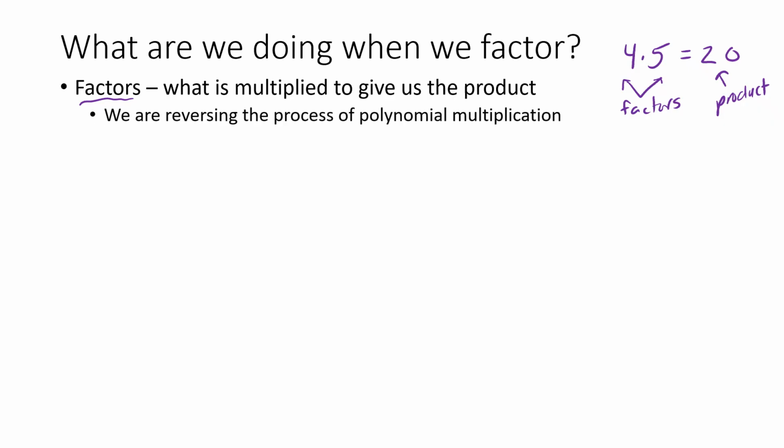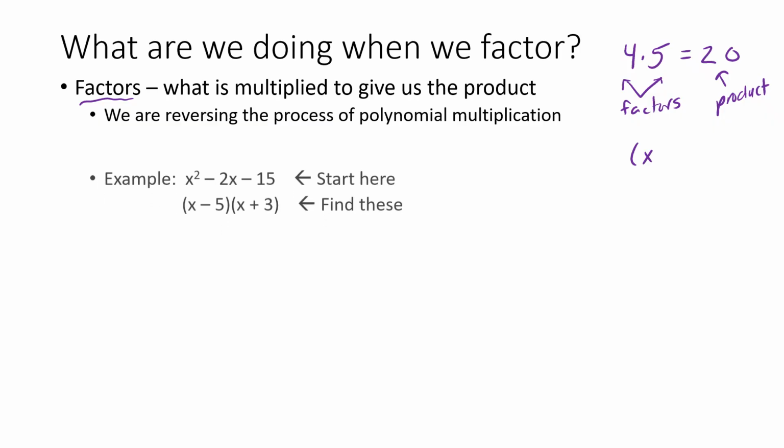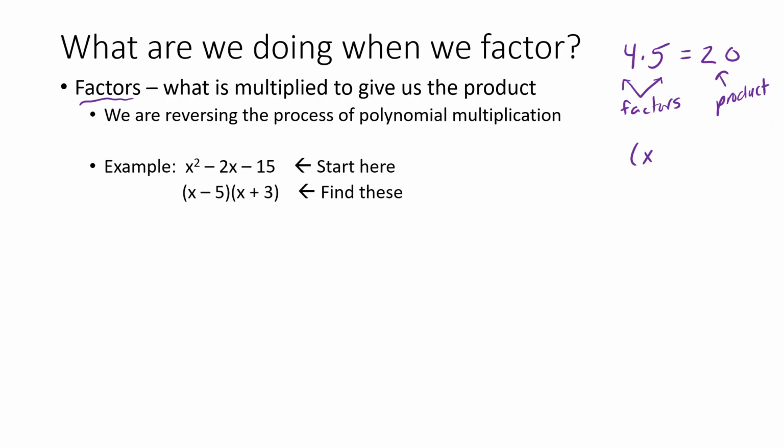Now, we are reversing the process of polynomial multiplication. In polynomial multiplication, you start with something like this: x minus 5 times x plus 3, and you multiply it together and you get x squared minus 2x minus 15.